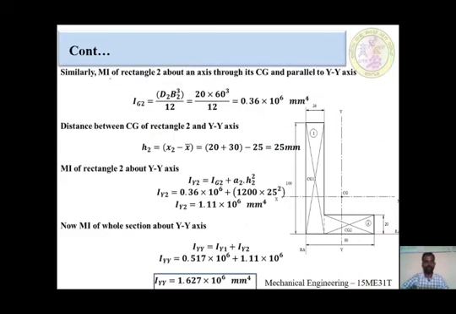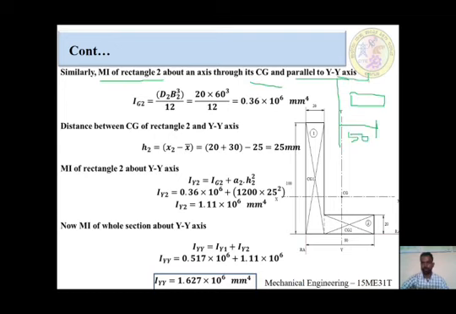After calculating the moment of inertia of rectangle 1, we have to calculate rectangle 2 about an axis through its center of gravity and parallel to the y axis. I am taking the second component out separately. This is the vertical reference. From here to half of the component is 20 plus 60 divided by 2, which is 30 plus 20 equals 50.